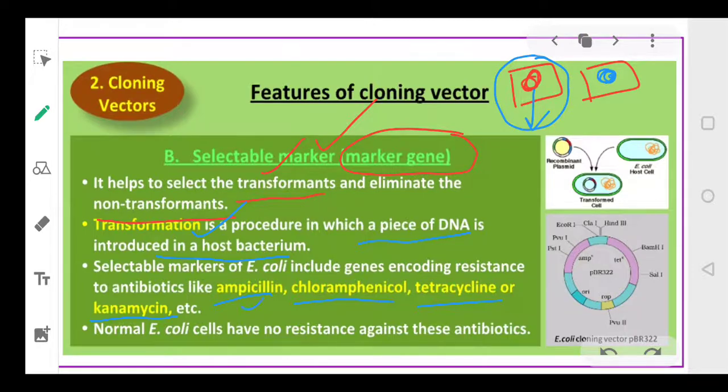It will have a gene which is responsible for producing resistance against ampicillin, chloramphenicol, tetracycline and kanamycin. Normal cells do not have any resistance against these antibiotics. जो normal cells हैं उनकी body में कोई antibiotic resistance नहीं होता है. ठीक है? Normal E. coli cells, they do not have any resistance against these antibiotics. Okay? I hope this is clear, everyone.